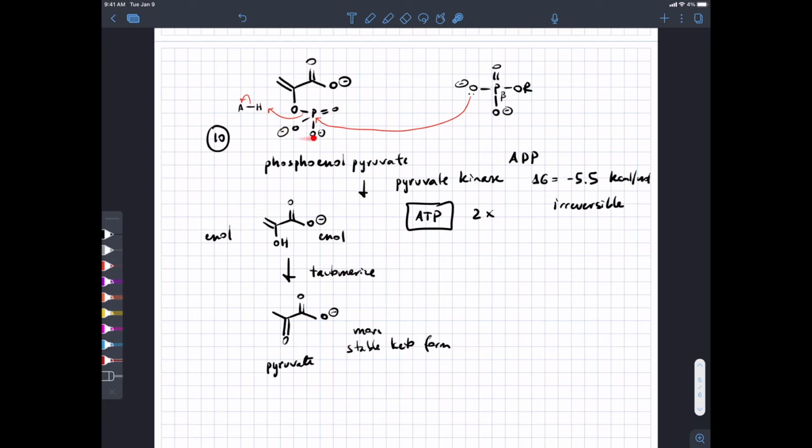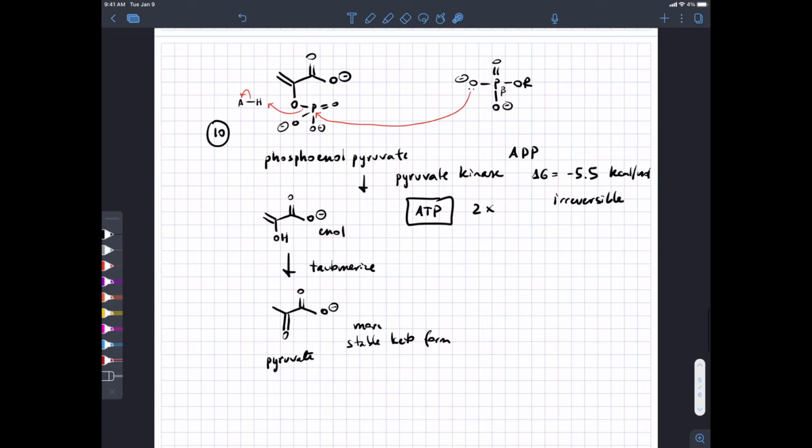You're relieving a lot of negative charge repulsion as you transfer the phosphate group from phosphoenol pyruvate to ADP. But second, after the pyruvate enol leaves, it tautomerizes in a downhill reaction to give you pyruvate. Okay, that's it for glycolysis.